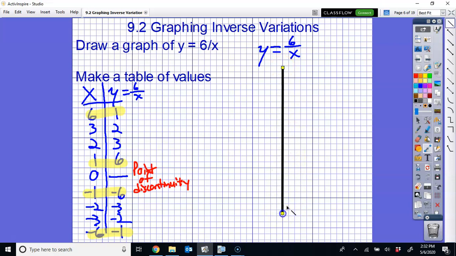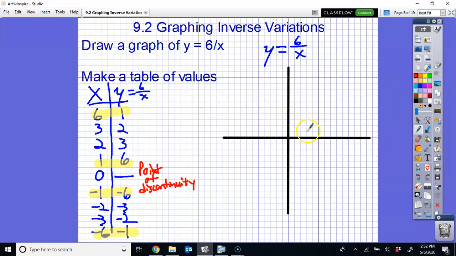So if I were to set up my 2 axes here, the point 6, 1 is going to be over here at 6, 1. The point 3, 2, 2, 3, 1, 6. Notice that kind of shape.